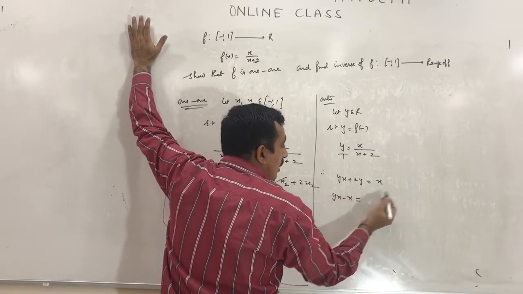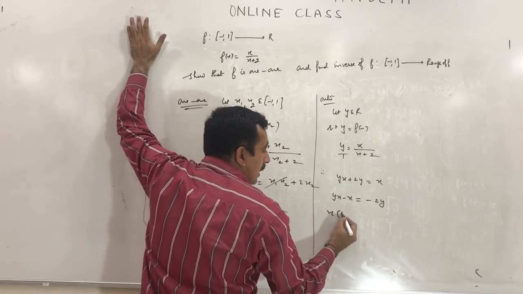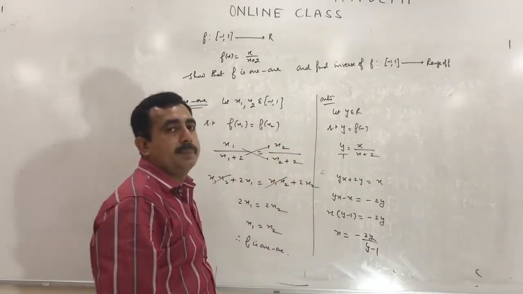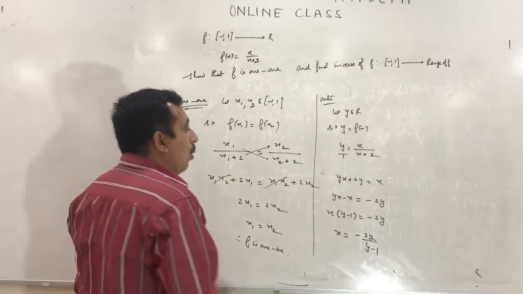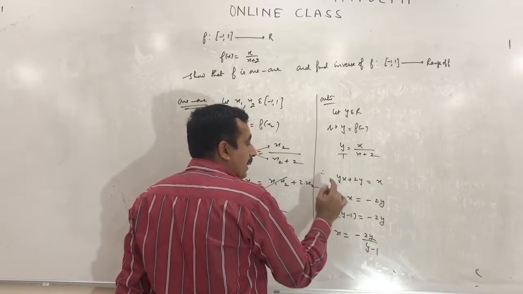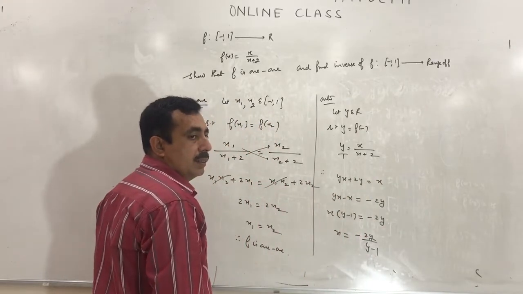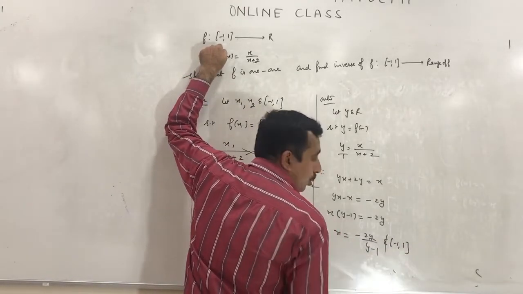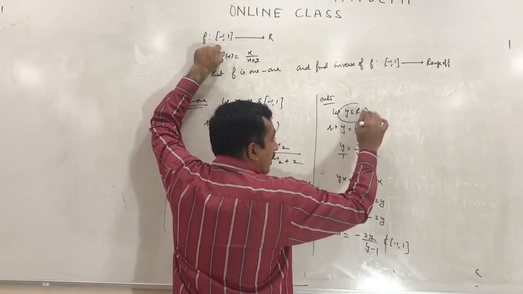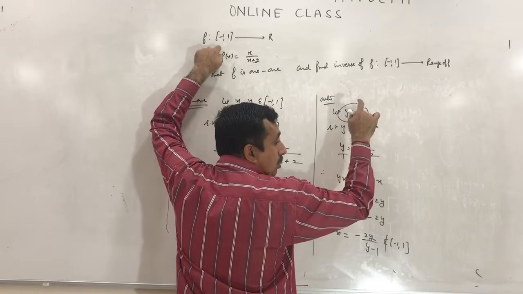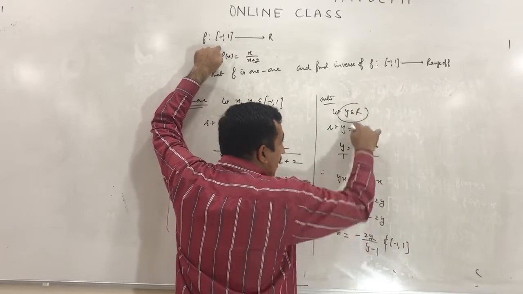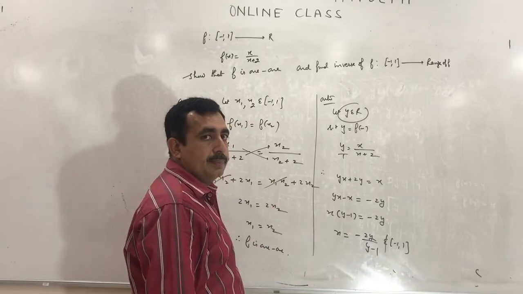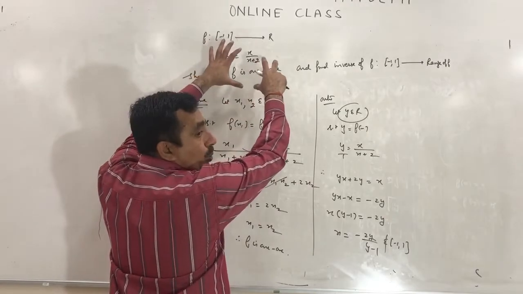Because we need x, all the terms which contain x should be transferred to one side. Take x common, find the value of x. And now see whether this value belongs to the domain. No. Why? Because y belongs to R, which means y is positive also, negative also. So y may be 1, and when y is 1, it will not exist, something by 0. So this function is not onto.